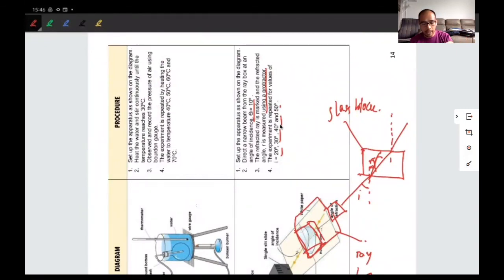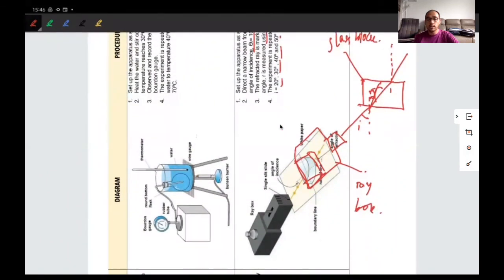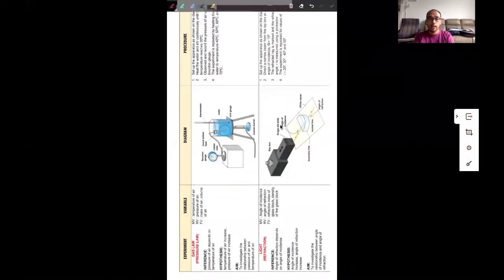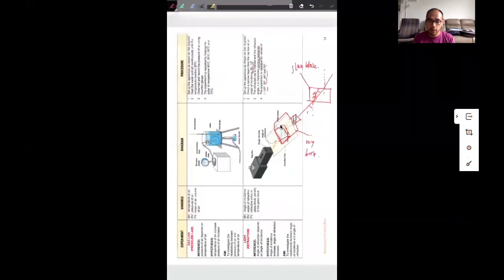It should be there, except that kamu kena adjust sedikit itu PK experiment supaya dia adalah dalam format kertas 3. Make sure that you adjust it so that it is in the paper 3 format. I'm going to give you 5 seconds to take a screenshot of this if you want. 4, 3, 2, 1, 0.